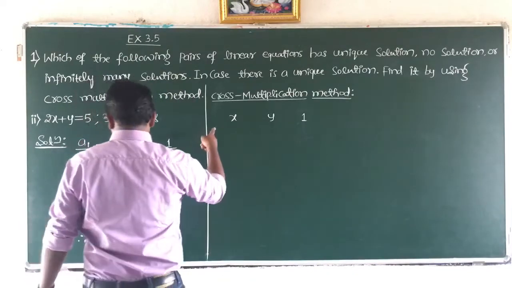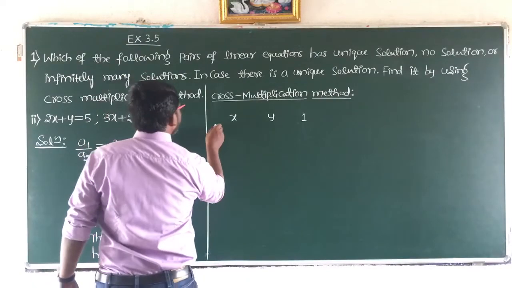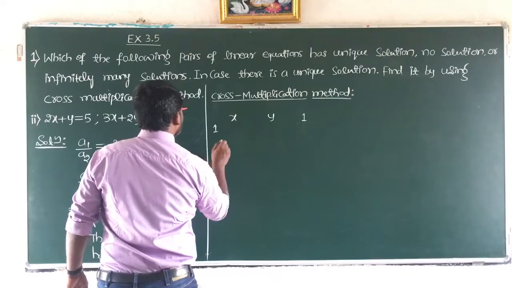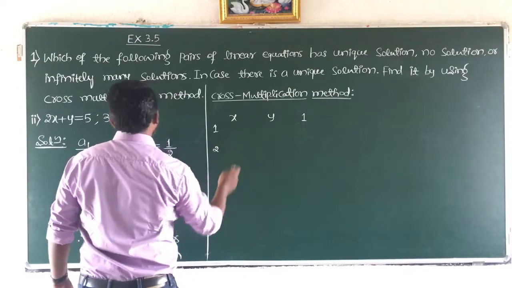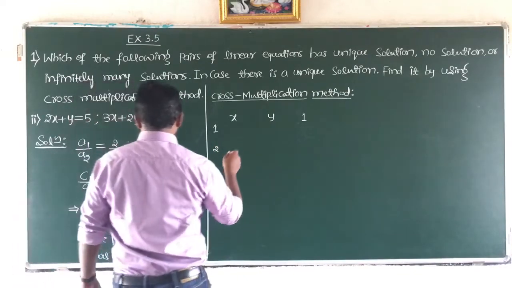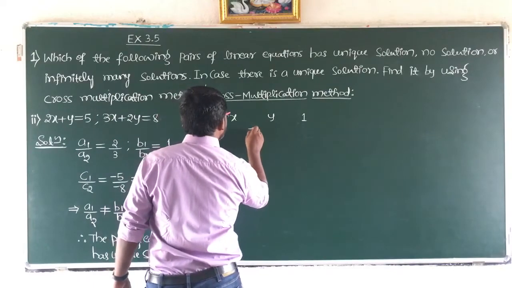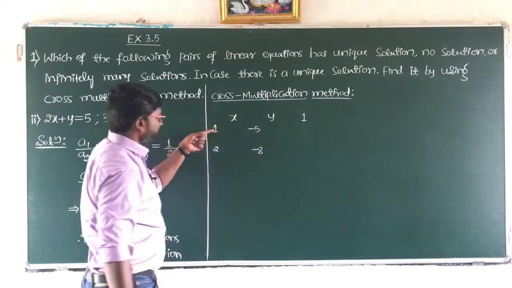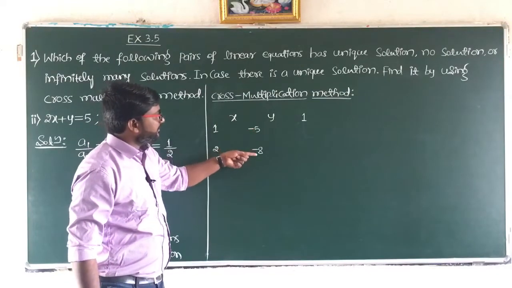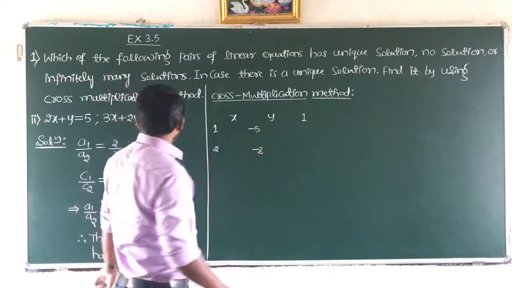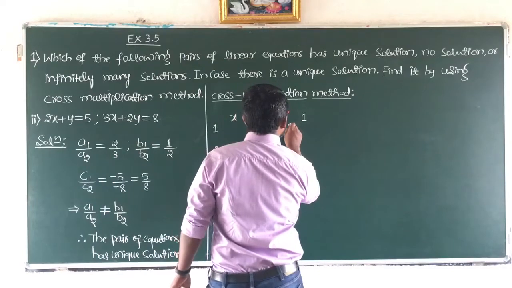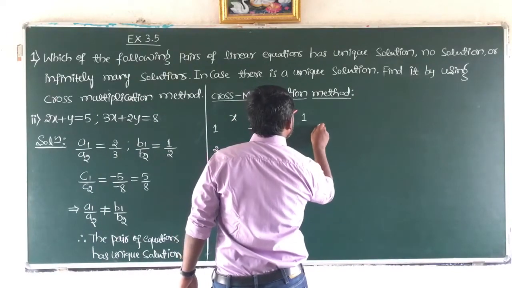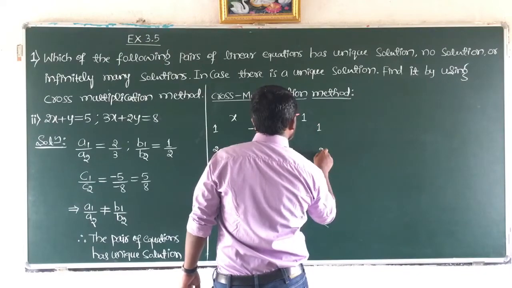We start with b1 b2: b1 is 1, b2 is 2. Then c1 c2: c1 is minus 5, c2 is minus 8. Then a1 a2: a1 is 2, then 3. At the end again we write b1 b2, that is 1 and then 2.